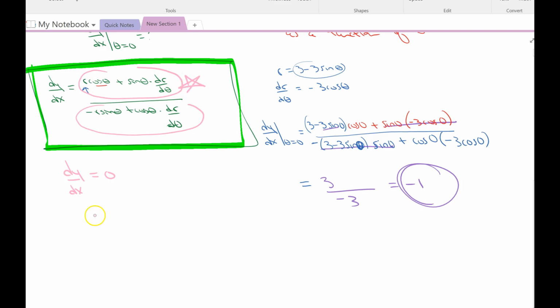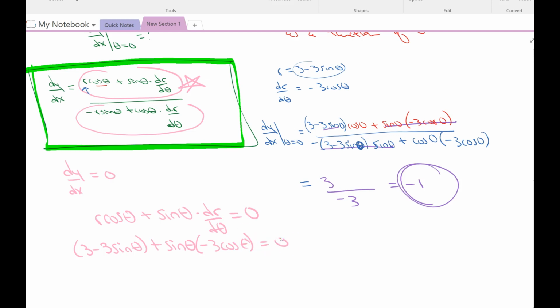So where will r times cosine theta plus sine theta times dr/d theta equal 0? I'm going to fill everything in here, because r is 3 minus 3 sine theta, plus sine theta times dr/d theta, which is negative 3 cos theta.